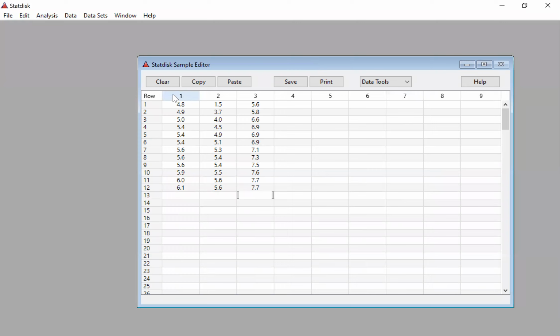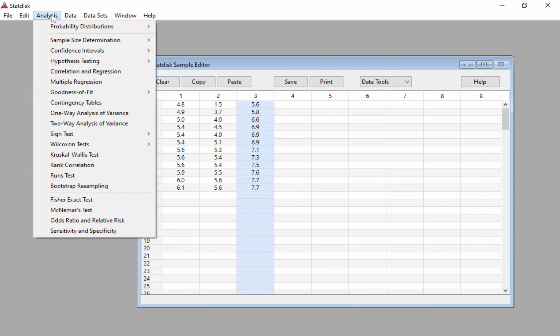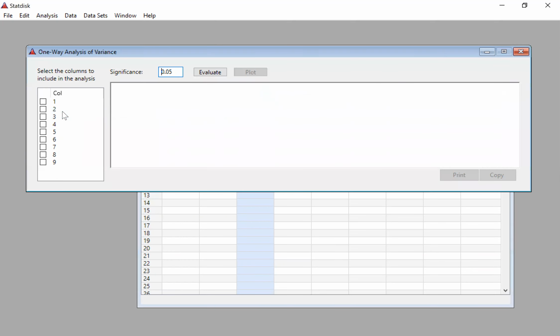So in the first column, there's all the Arkansas data. Second column, the California data. Third column, the Texas data. So we're going to go to Analysis, One-Way Analysis of Variance, because we're only breaking up the data one way. We're breaking it up by state. Our data is in the first 3 columns, and our significance level is 0.05.